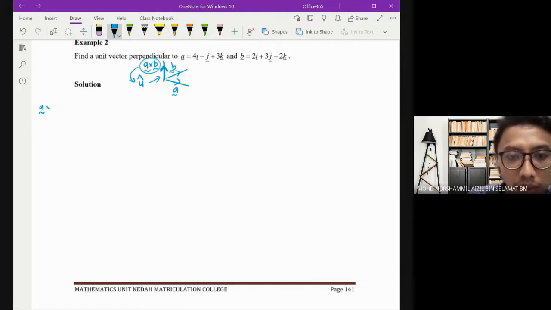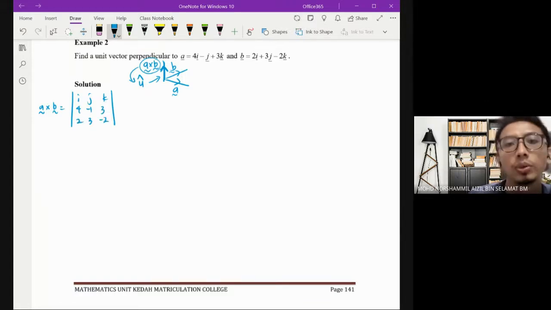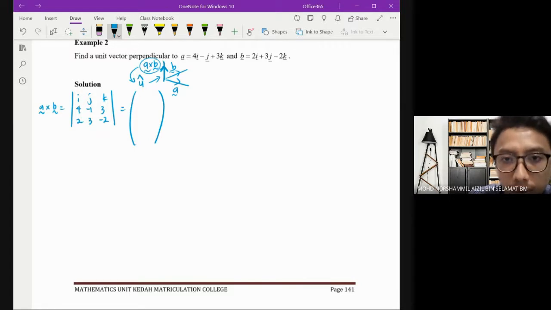So let's find out what is A cross B. Determinant, i, j, k. So start with A, 4, minus 1, 3. B is 2, 3, minus 2. Okay. So now let's proceed with the determinant minor.